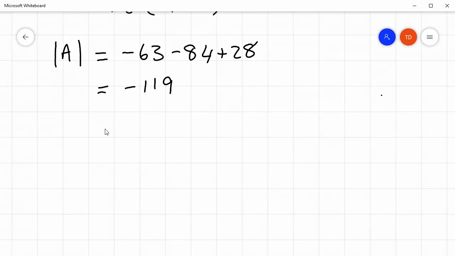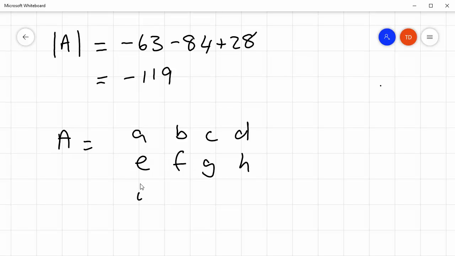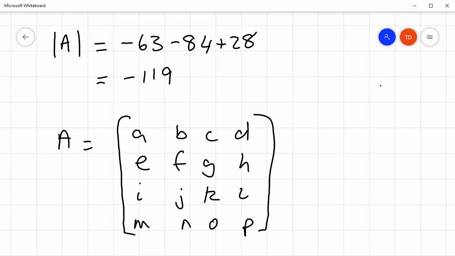If A was a 4x4 matrix, so let's say it's A, B, C, D, E, F, G, H, I, J, K, L, M, N, O, P. If we wanted to find the determinant of this, we would do the plus, minus, and then we would take out that row and that column, and now we have a 3 by 3 matrix.